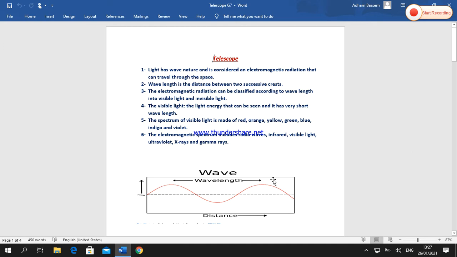And visible light is characterized by very short wavelength. When visible light or white light is split, we found that it consists of many spectrum colors: red, orange, yellow, green, blue, indigo, and violet, okay?